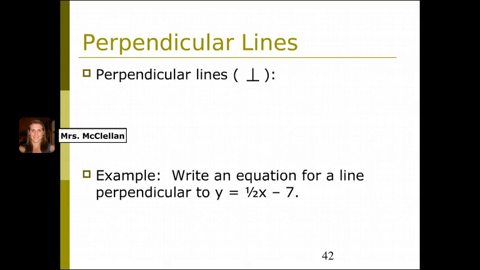Perpendicular lines are lines that intersect at a right angle. Okay? To find a perpendicular line, the slope is a negative reciprocal.